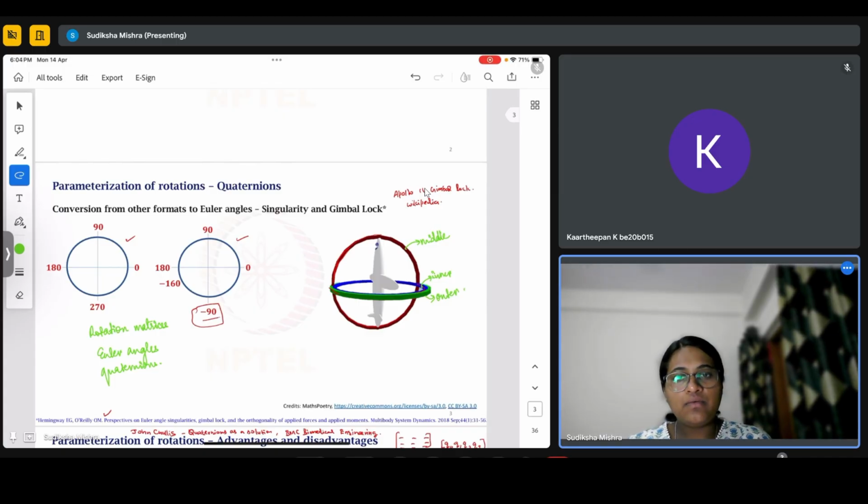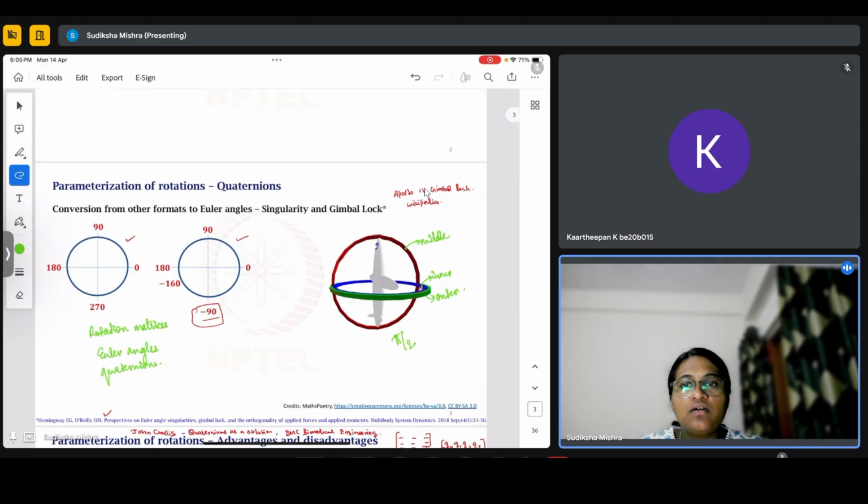In an event where the middle ring is at an angle of 90 degrees, at an angle of pi by 2 with the other rings, essentially these two other rings are present in one plane. So the number of degrees of freedom that you have decreases.